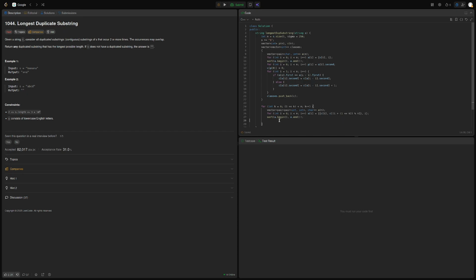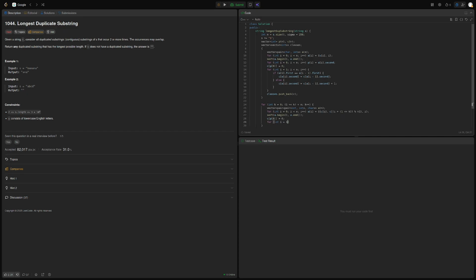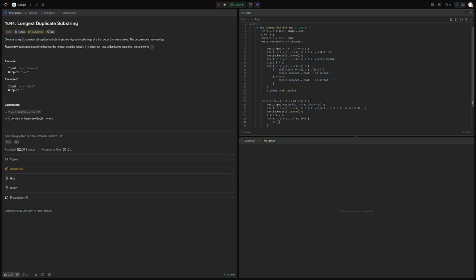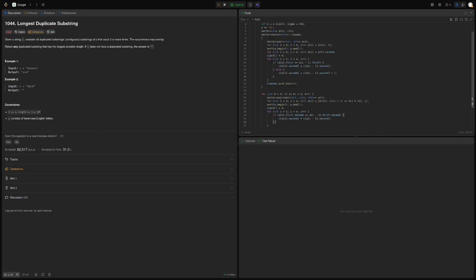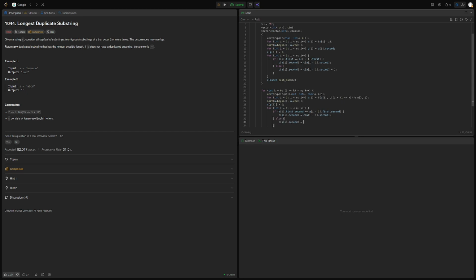Okay, after we've done that, we say that class of P[0] is 0. Now if the second elements, A[i].first.second is equal to A[i-1].first.second, then class of A[i].second is class of A[i-1].second, else class of A[i-1].second plus 1, no, this plus 1.